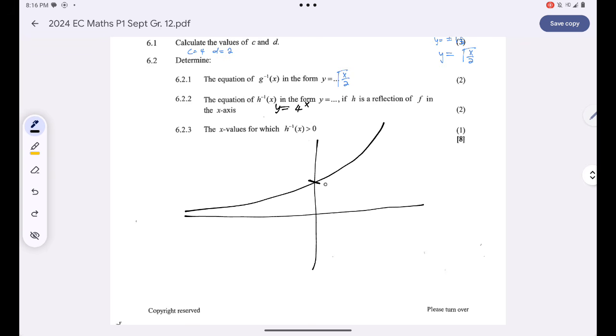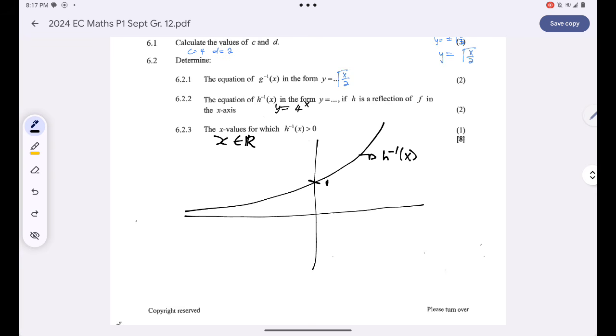It will pass through a point of intercept whereby y is 1 and x is 0. Are you together? So we can see that, guys, our graph is always above the x-axis. So the inverse of h of x is always above the x-axis for x element of real numbers.